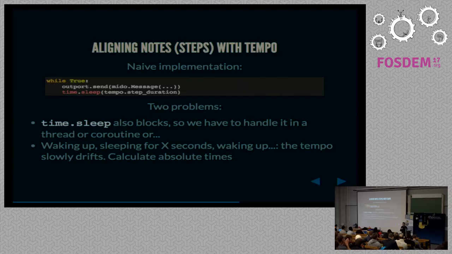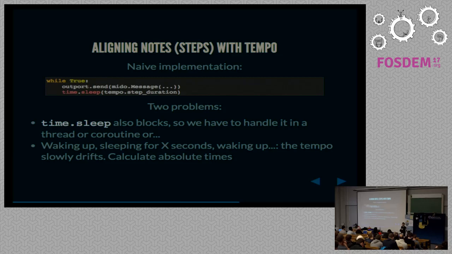And another concern is to align notes with tempo. So how do I maintain a tempo? A naive implementation would be to sleep for the duration of a step. But there are problems with that, because this time.sleep also blocks, so it's another thread or another coroutine to handle.